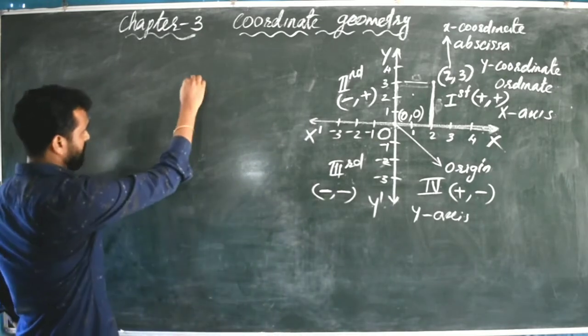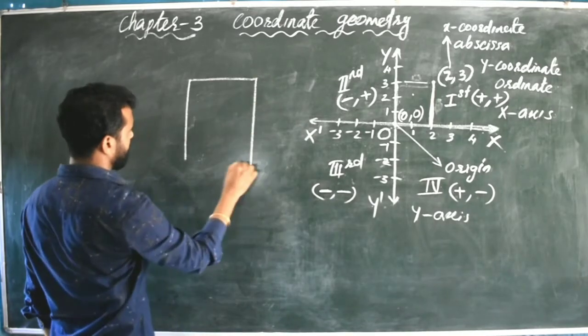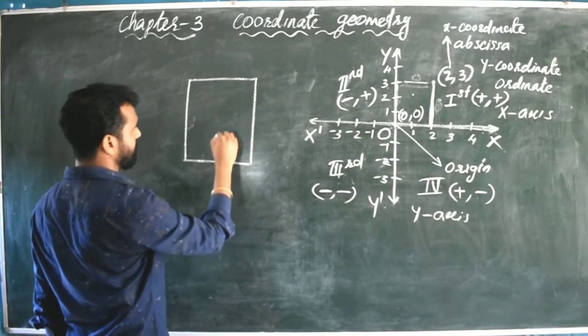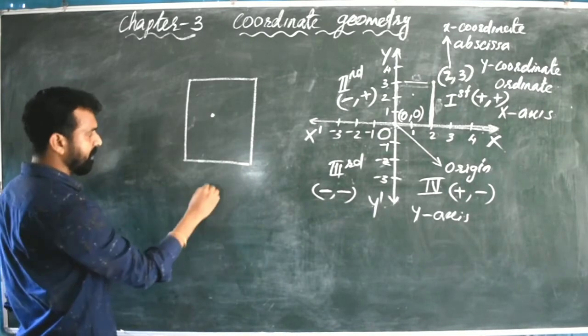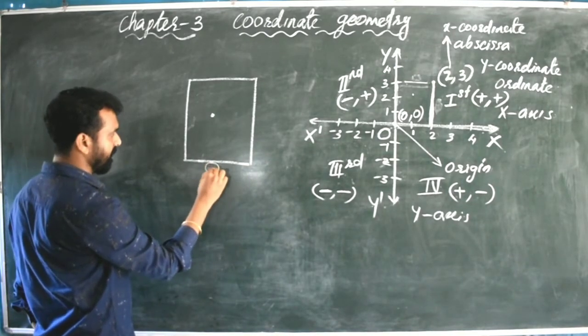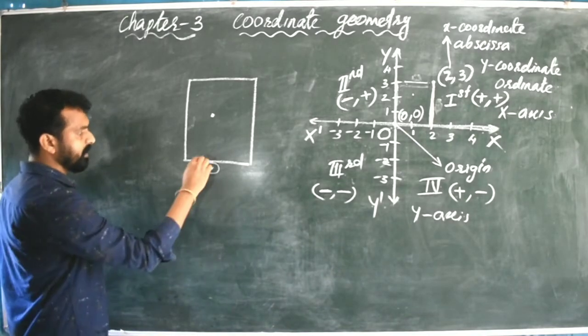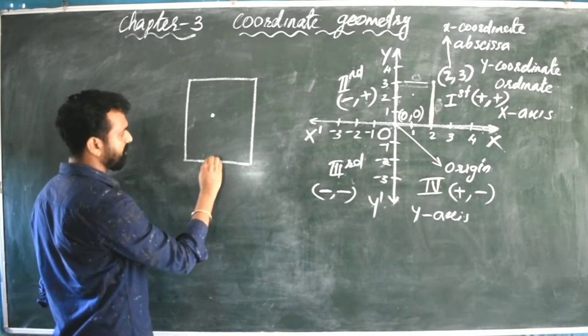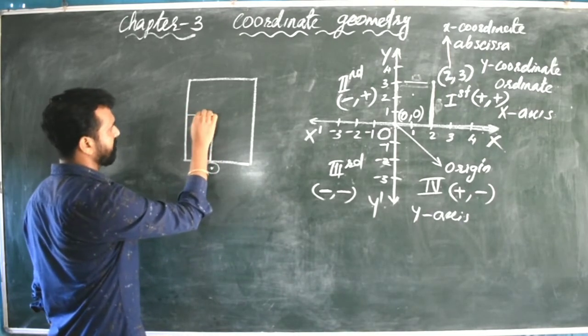So just imagine that this is the top of the table, and the lamp is here, and your friend is sitting here. Then you can describe that table lamp by measuring the length from here to here and from here to here.